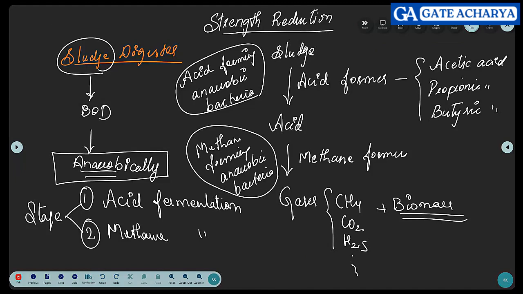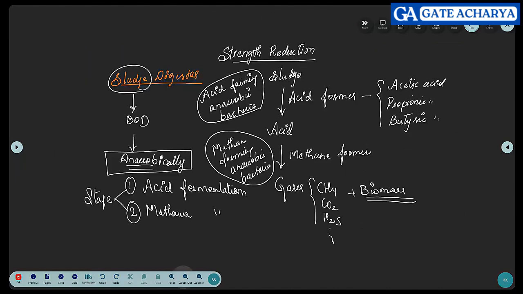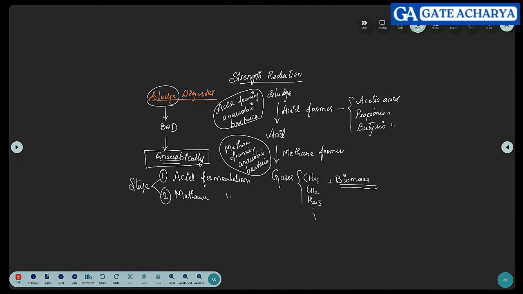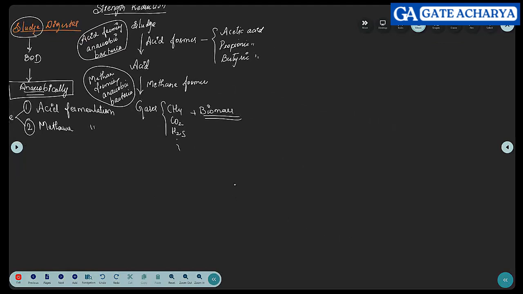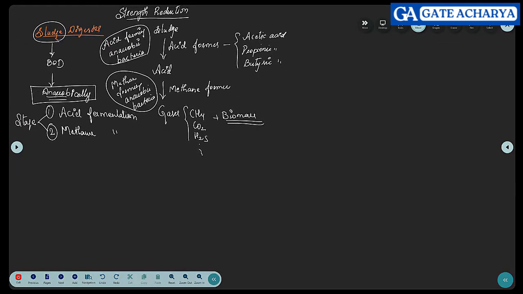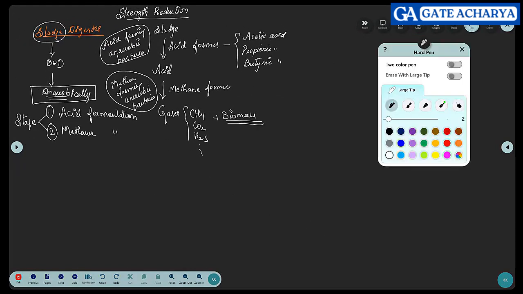Okay. So, what is a sludge digester? It is similar to our biogas production plant from cow dung.